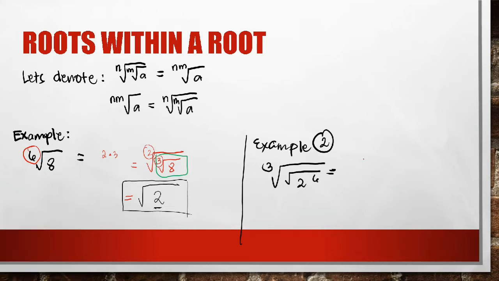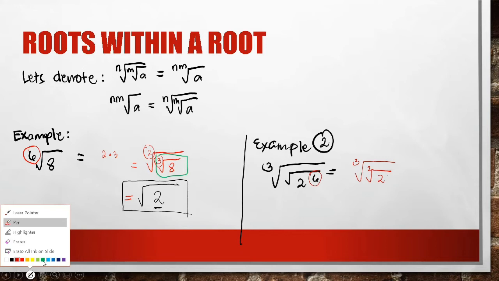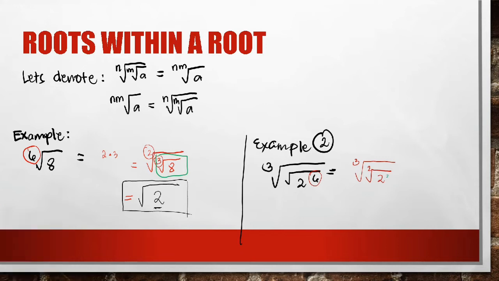So we have the cube root of the square root of 2 to the power of 6. Since our inner index is 2, then we need to get the factor of our exponent 6 that is the same as the inner index, which is 3. So 2 to the power of 3, times to the power of 2.